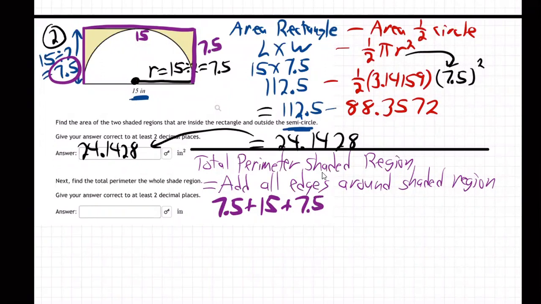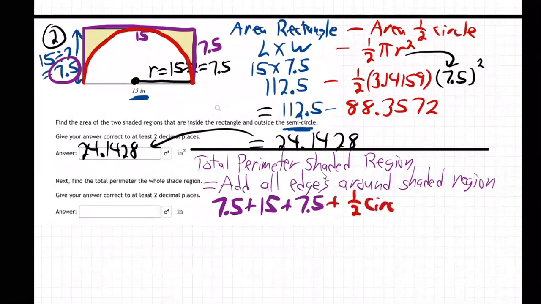And now, what do we have left? Well, we've got to get this part right here. That's also part of the edge of the shaded region, isn't it? And that's what?